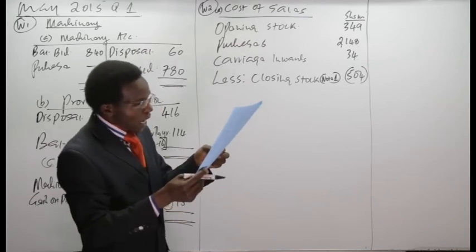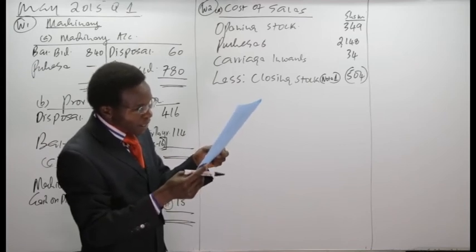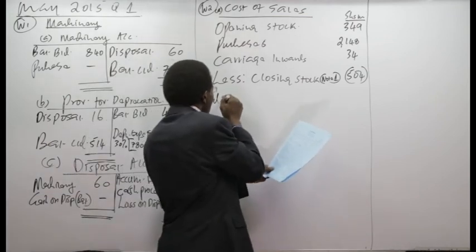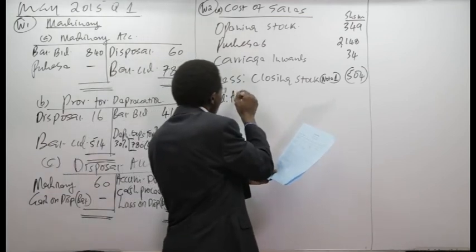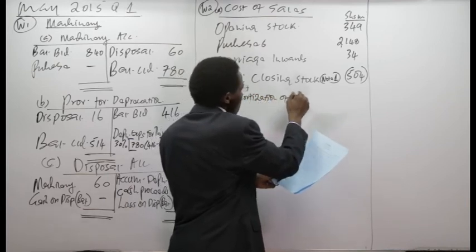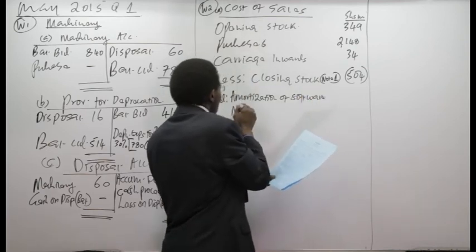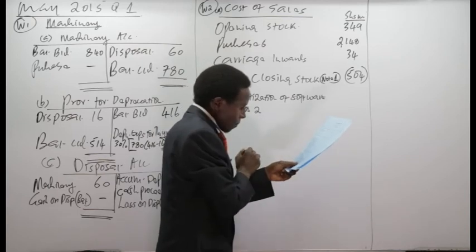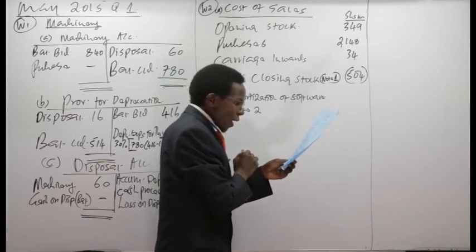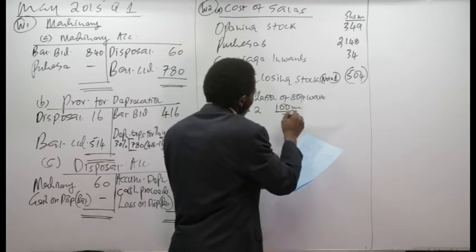We have used it. Additional information number 2, yes, there is amortization of the software. This is note 2. So we are going to amortize it over 2 years. That's 100 million over 2 years.